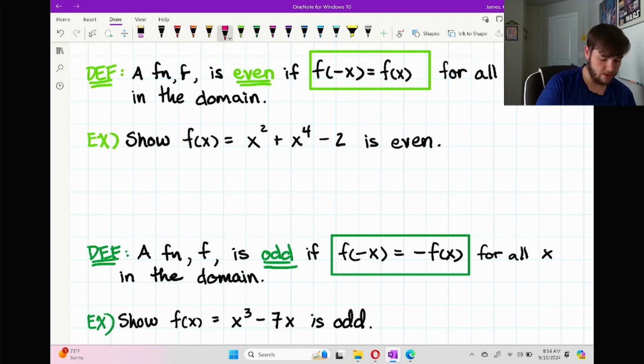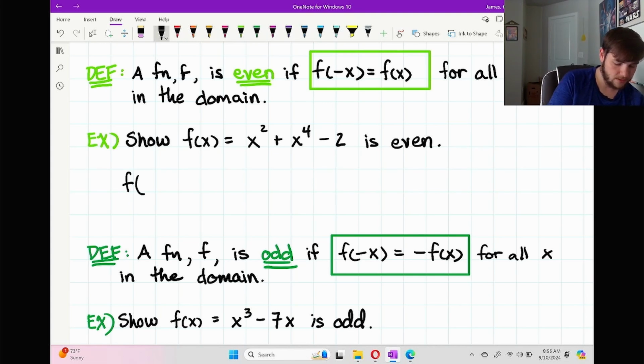So notice here I have f(x) = x^2 + x^4 - 2, and I'm asking you to show me that it's even. The way I do that is I plug in the opposite.